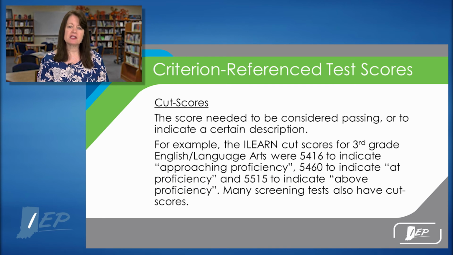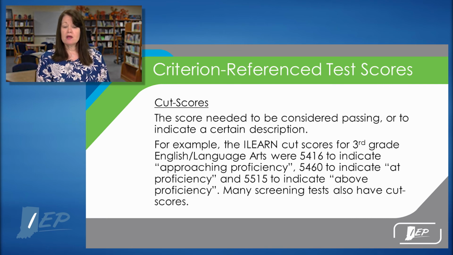Another type of criterion referenced test score are cut scores. And we know about cut scores mainly because they have been used for years in our statewide testing. So we had cut scores when it came to the I-STEP, and we now have cut scores for iLearn.